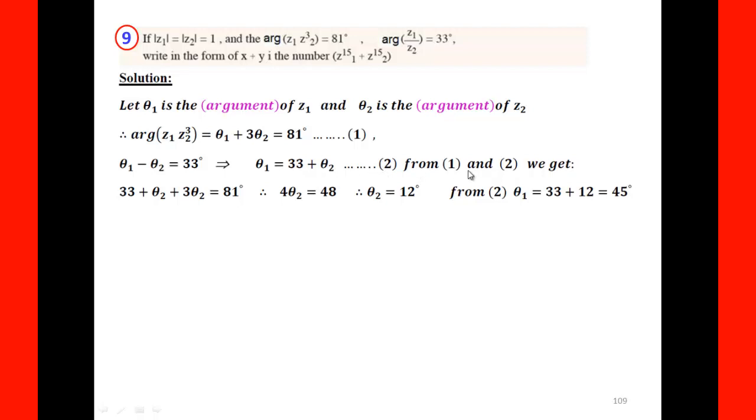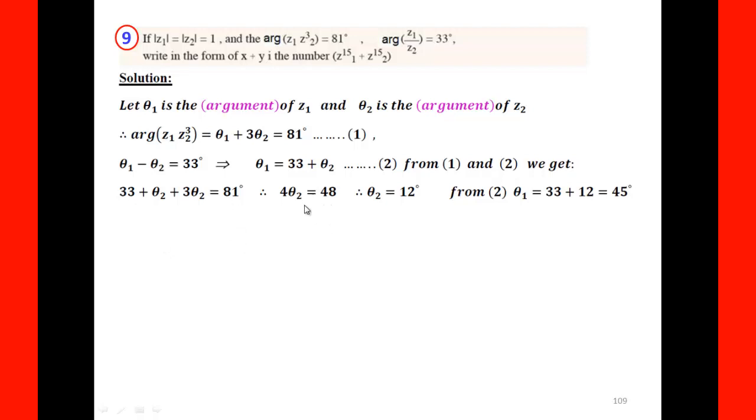From 1 and 2, by substituting, what do we get? You substitute theta 1 by 33 plus theta 2 in this equation: 33 plus theta 2 plus 3 theta 2 equals 81. So theta 2 plus 3 theta 2 equals 4 theta 2, and 81 minus 33 equals 48.